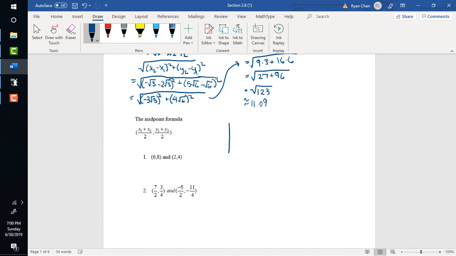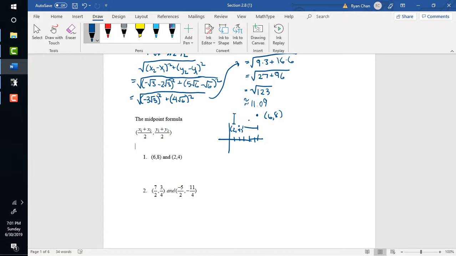So if I do 6, 8, and 2, 4, let's kind of understand what's happening. If you want to find a midpoint, which will be like right here, it's half of your distance vertically and half of your distance horizontally. Okay?